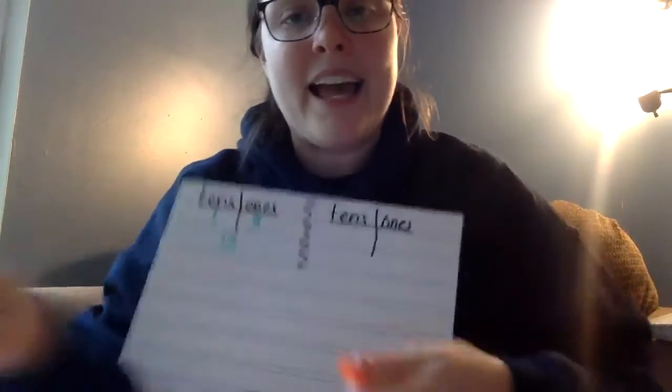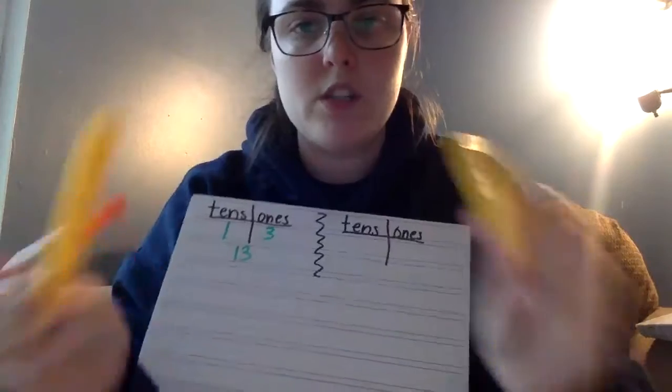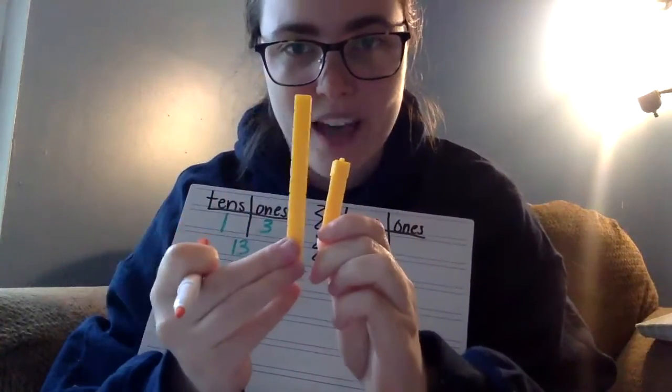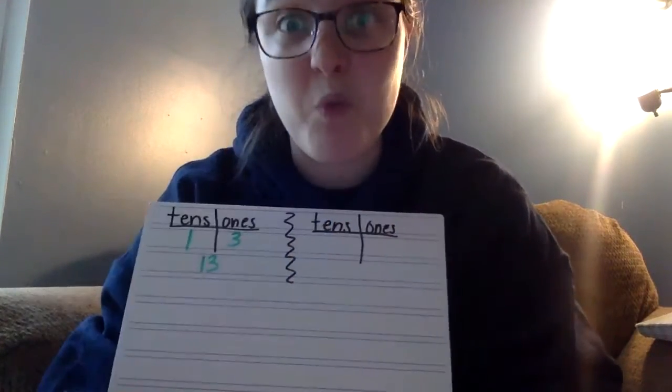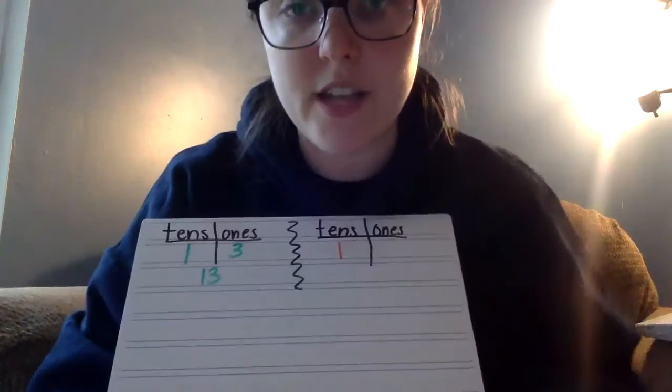So let's count how many of them. 1, 2, 3, 4, 5. So I'm going to look at my tens and ones little box. And when I hold these up, how many tens do we have? Good, we have 1 tens block. So we're going to write the number 1 under the tens.